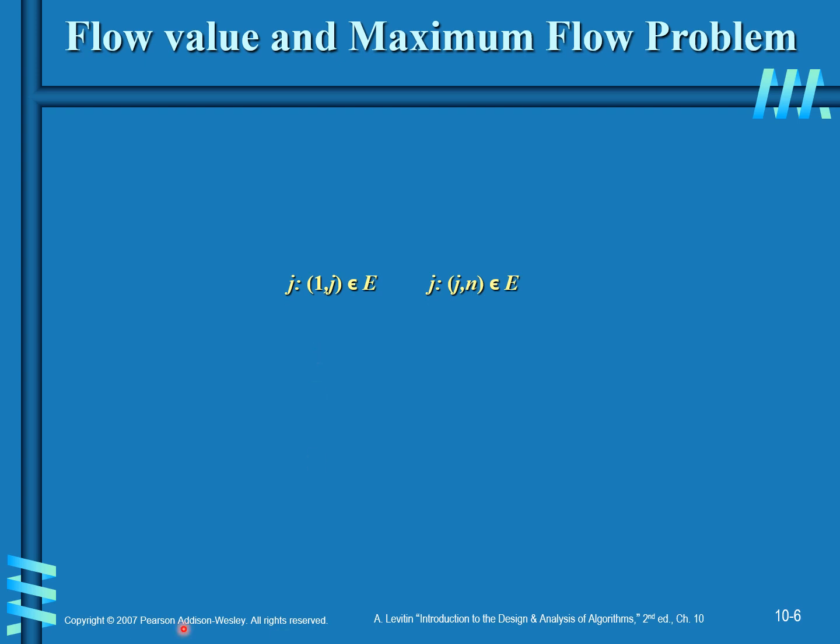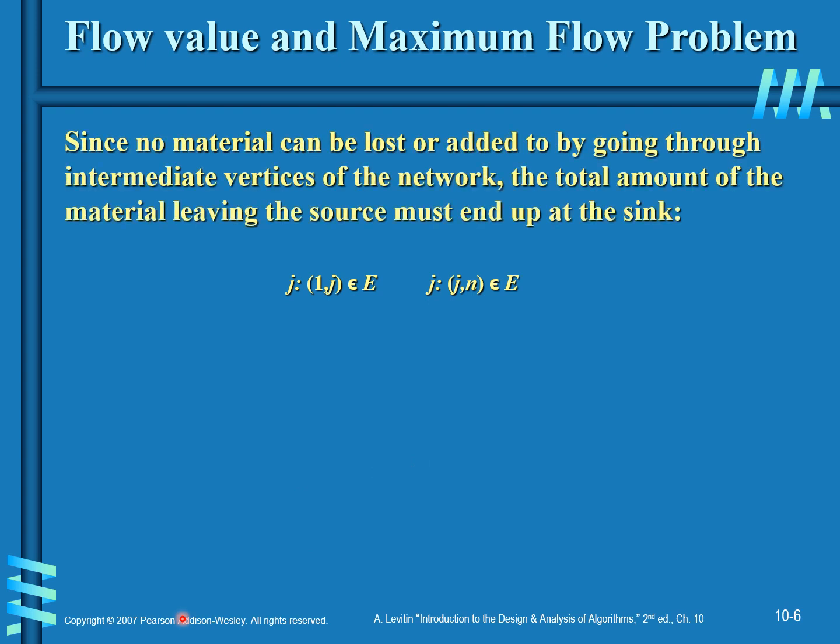Next, what is flow value and the maximum flow problem? Since no material can be lost or added by going through the intermediate vertices, the total amount of material leaving the source must end up at the sink.